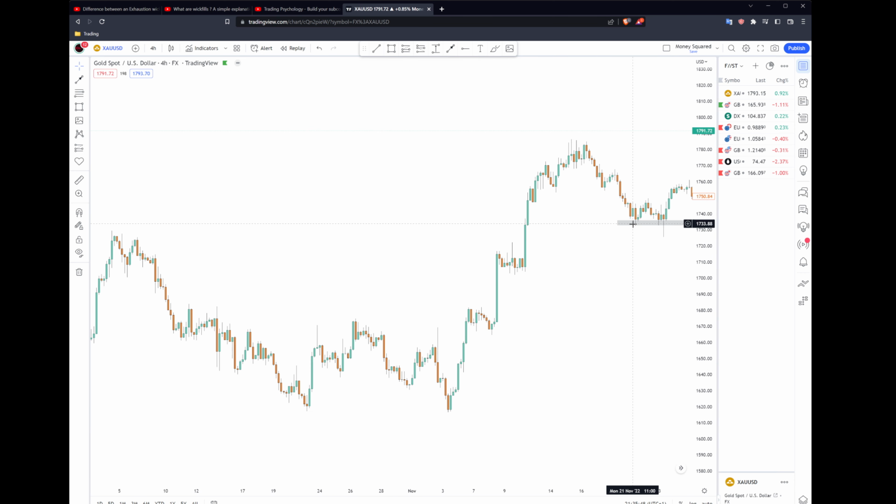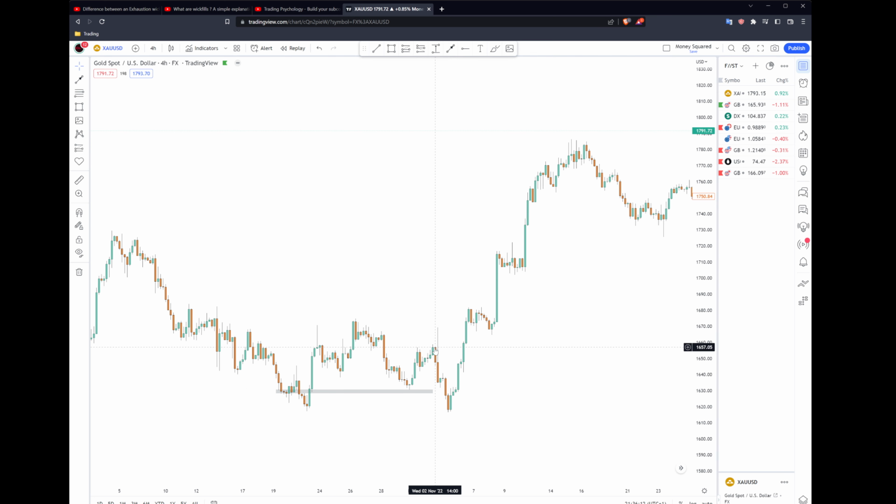For example, here. Now it moves to the upside, comes back, finds a bit of support and then breaks, because there is not enough momentum to the upside either, and then goes to the next level of support right over here, and it breaks again and goes to the next level of support right over here.